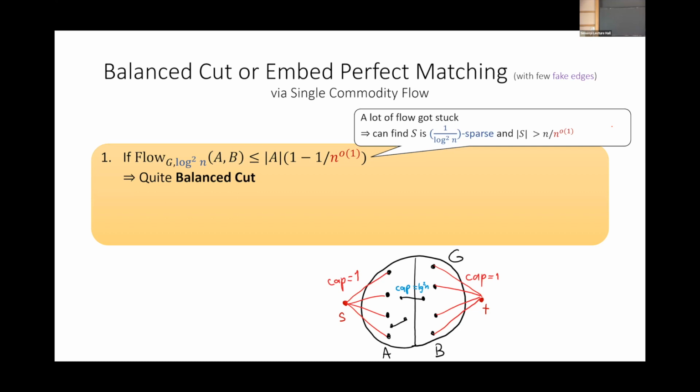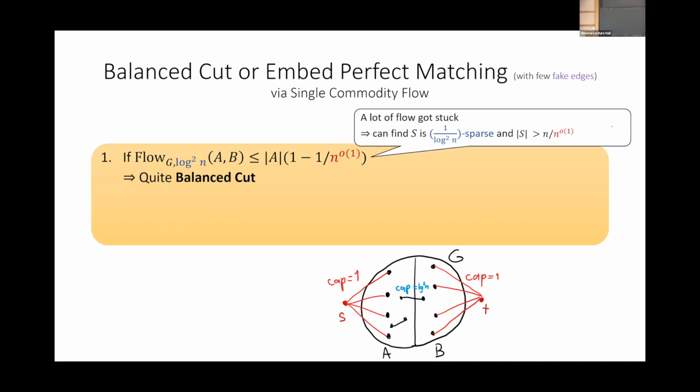And it got stuck even when the capacity of edges here is log squared. If the capacity were even higher, it would be different, but it got stuck even when the capacity of edges here is log squared. So you will actually find a 1 over log squared sparse cut. And the fact that a lot of flow got stuck means that the sparse cut must be big too, so it must be quite balanced.